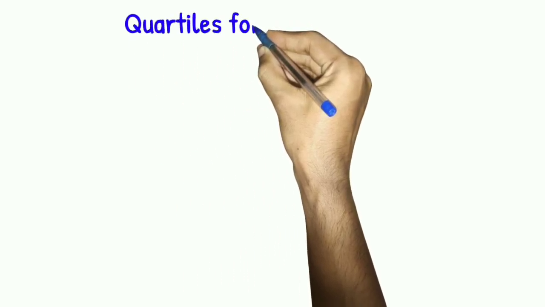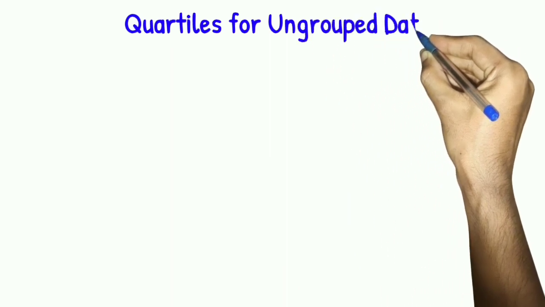Sa mean, merong mean for group data at mean for ungrouped data. Sa median, merong median for group data and median for ungrouped data. Sa quartiles, meron ding quartiles for ungrouped data and quartiles for group data. But in this video, I will only discuss quartiles for ungrouped data.